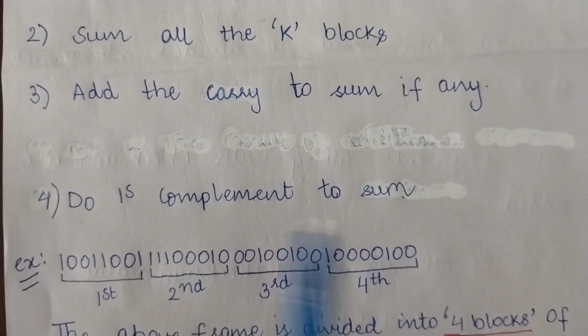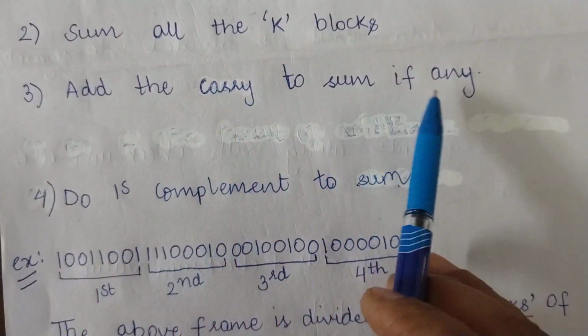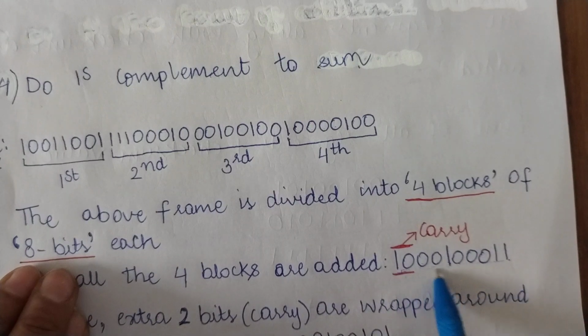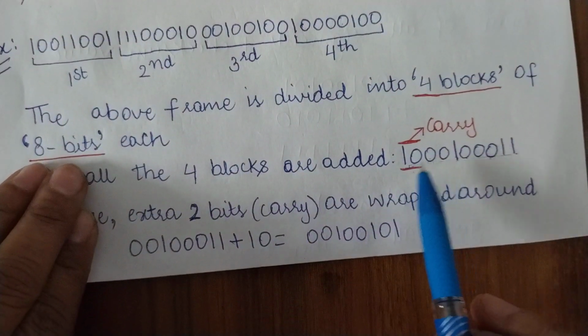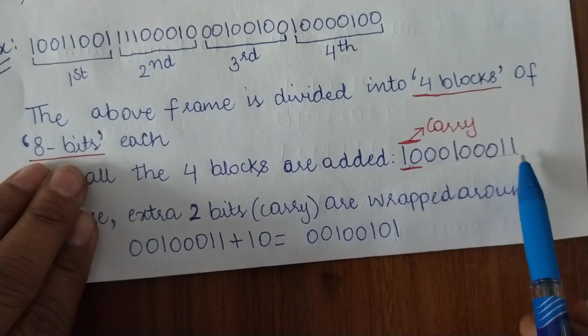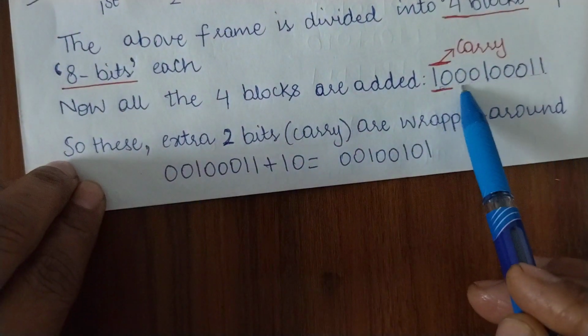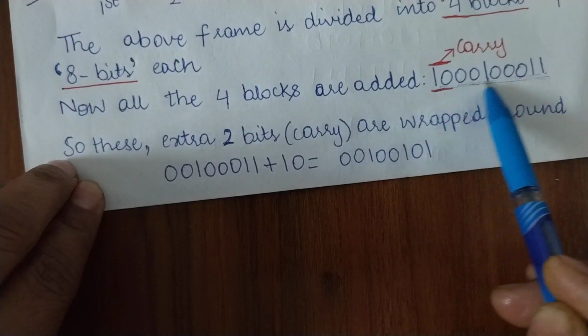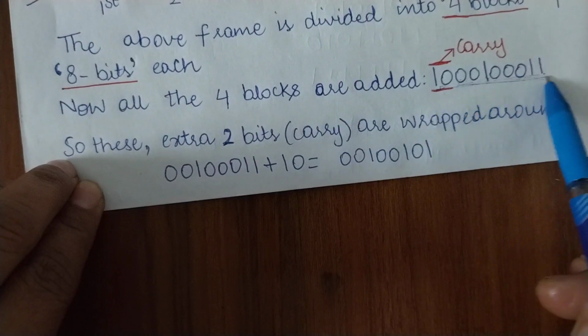As the third step says, add the carry to the sum if any. So this carry will be added to this sum. The actual 8 bits are 0 0 1 0 0 1 1 and this is the carry 1 0. I will add this carry to these 8 bits.